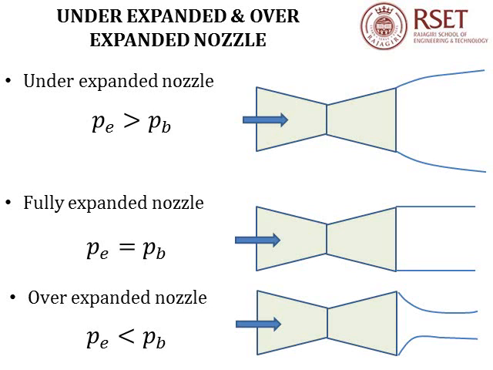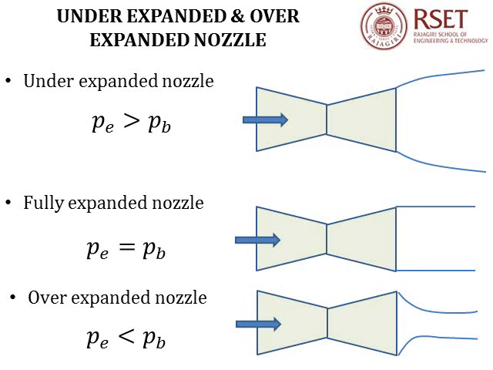Next, the condition is when the exit plane pressure is equal to back pressure. In this case, the fluid flows smoothly into the settling chamber. There is no flow disturbance. The streamlines are parallel to each other and are of the same cross-section area as that of the exit plane of the nozzle. Here we get supersonic flow, and also the nozzle is choked. This is referred to as fully expanded nozzle.